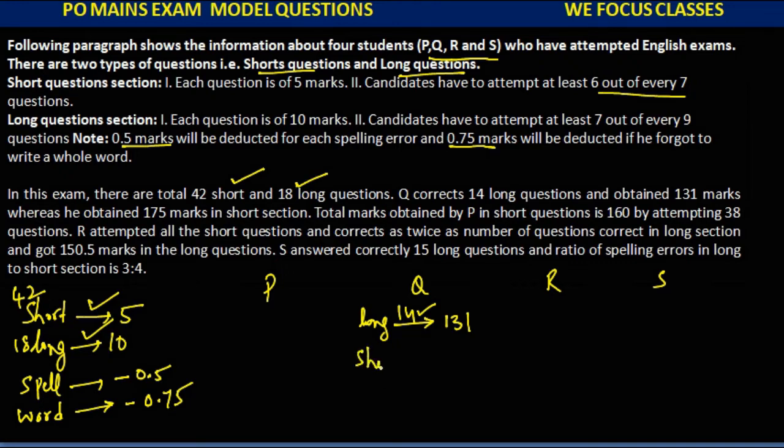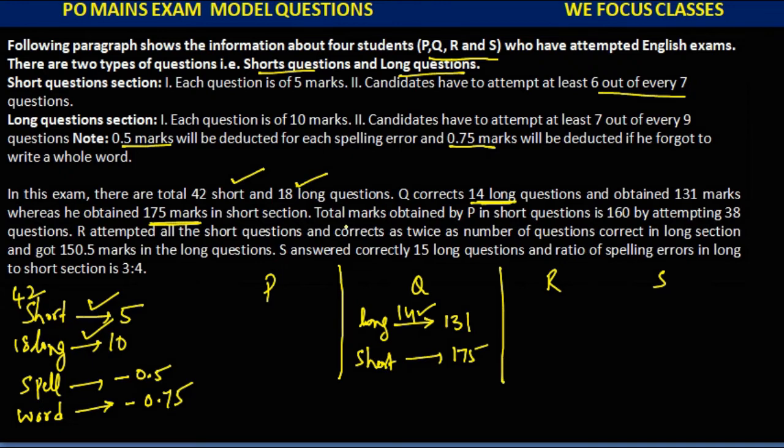Here it is only given about the marks, not about the number of questions he has attempted. Whereas in the long section, he corrected 14 questions, not even attempted, he corrected 14 questions. This is the information given about Q. You just write like this.